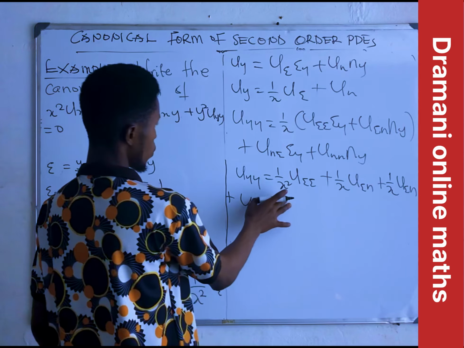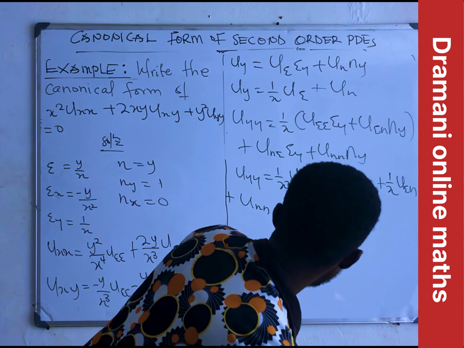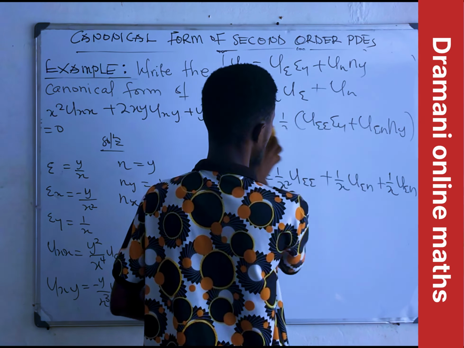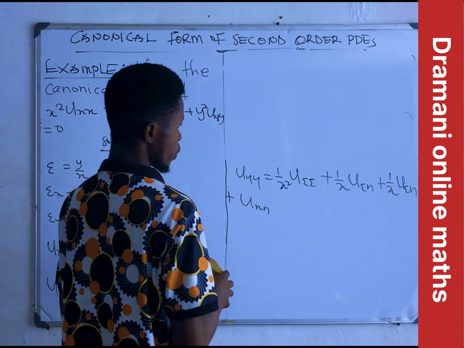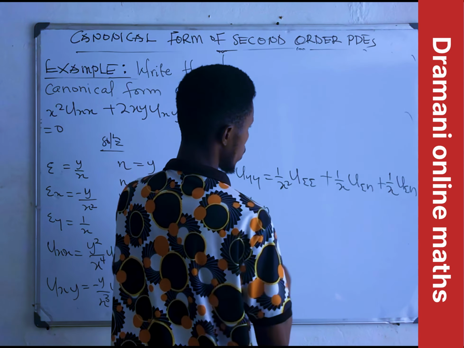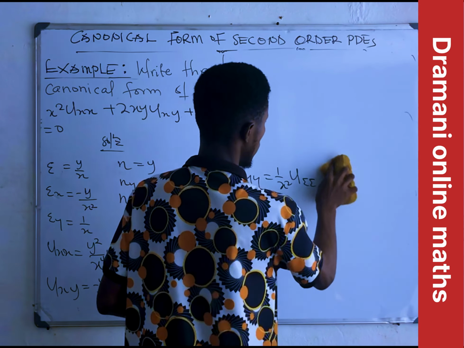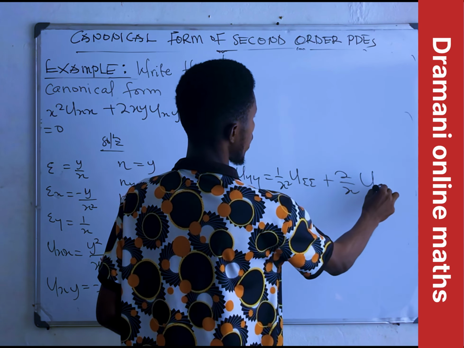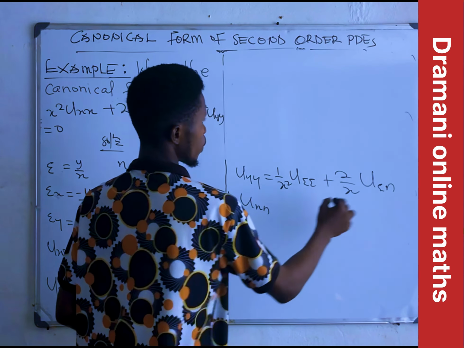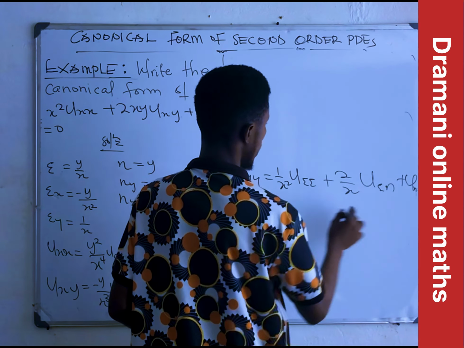So now we also have u_yy. Even this and this are the same, so I can write it together. I can write it as 2 over x u_ξη plus u_ηη.